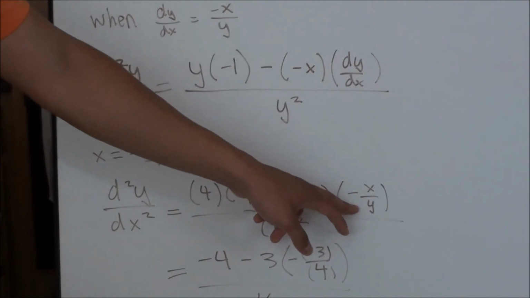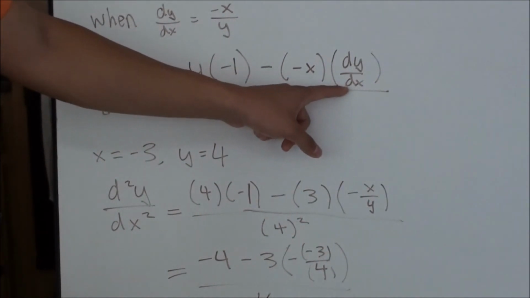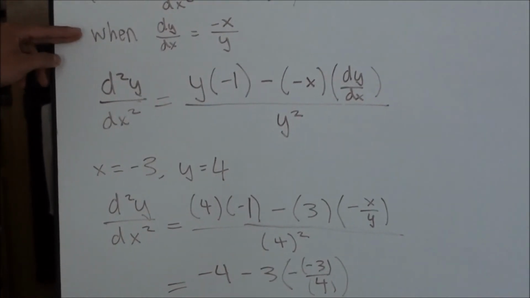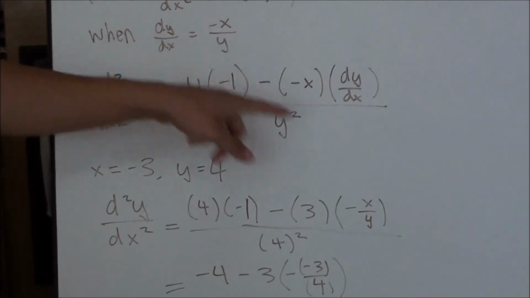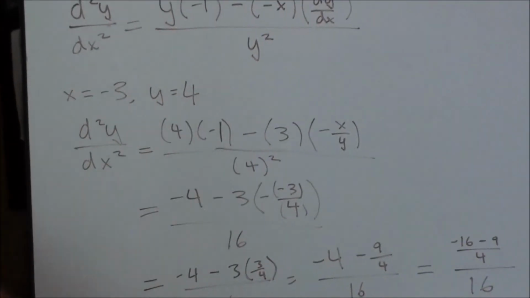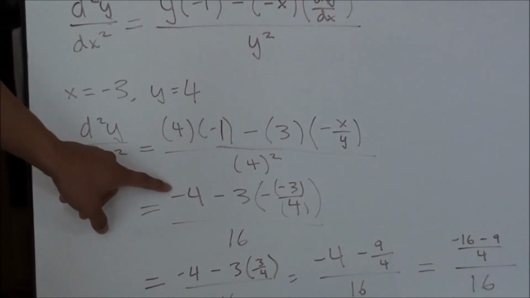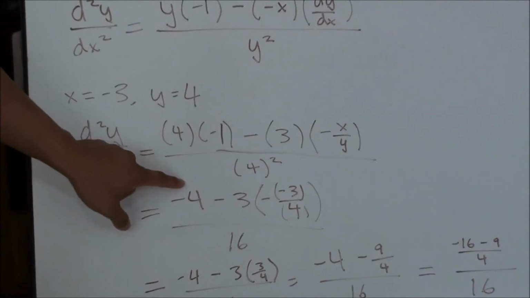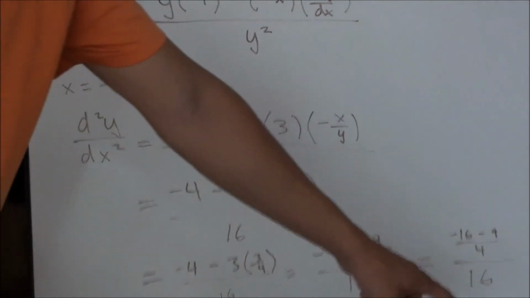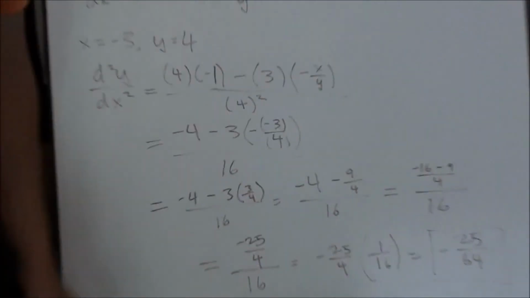And here you get negative x over y because you're plugging in dy/dx, which they gave you up here in the first part of the instructions. So you simply move this into here. And then keep this all over 4 squared. If you just plug in your y values and your x values correctly, you should be able to simplify this question all the way down to negative 25 over 64, which is your final answer.